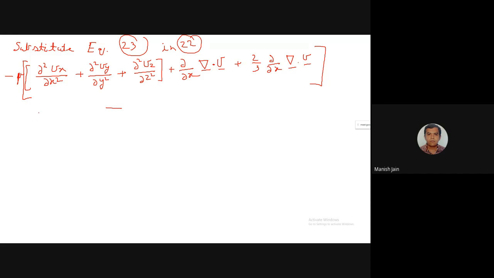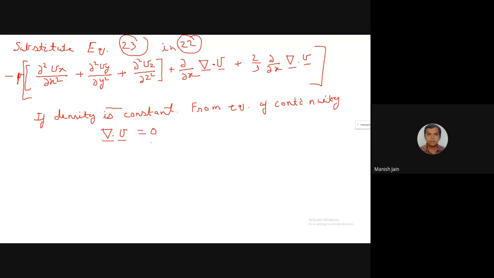Now if density is constant, then from the equation of continuity you can say that del dot v should be equal to 0.